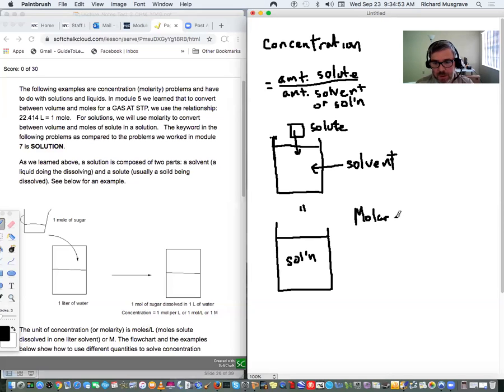And that's going to be the main concentration unit we will focus on here. So it's going to be moles of solute divided by volume of solution.